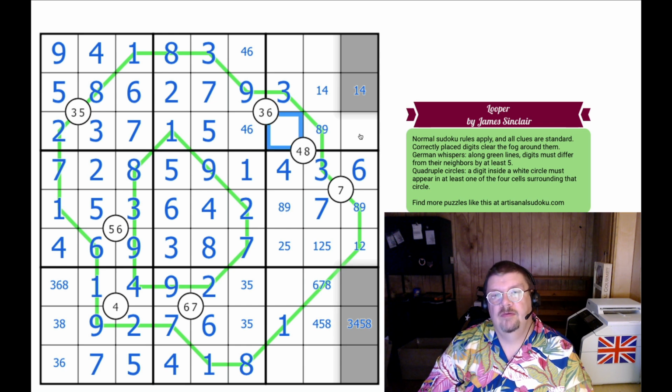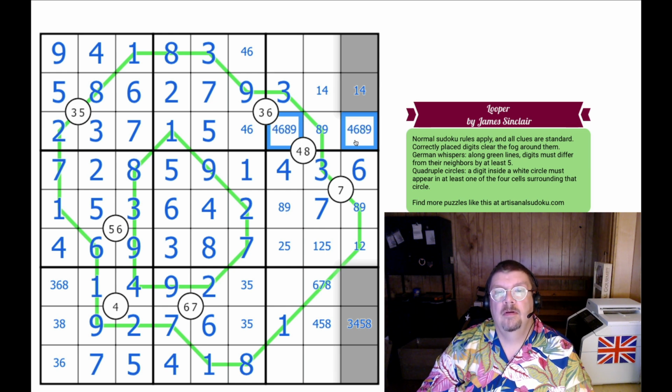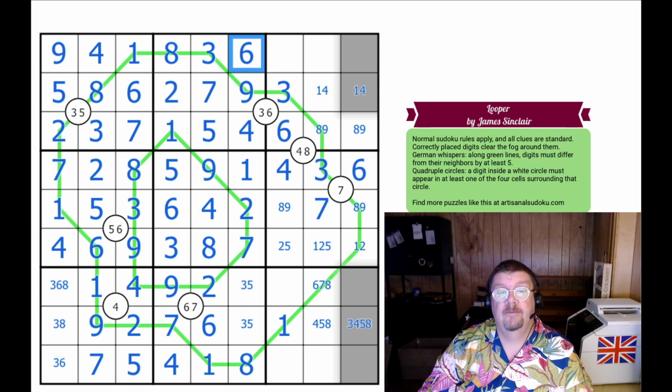So I need 4, 6, 8, 9 to complete the row, but that one's not a 6. I know there is a 6 here. Oh, neither of those can be a 4 because of this 1, 4 pair. That gives me a 6 here, and a 4 here, and a 6 here.